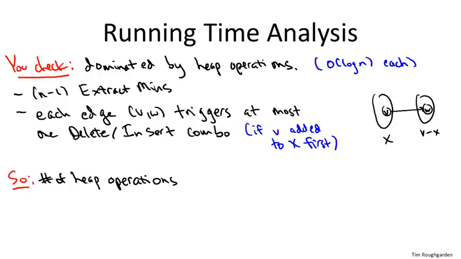So what does this mean? This means that the number of heap operations is big O of n, that's for the extract mins, plus big O of m, that's for the insert-delete combos triggered by edges during the decrease keys. Now, I'm going to write this in a simplified way. This is just O of m, the number of edges.